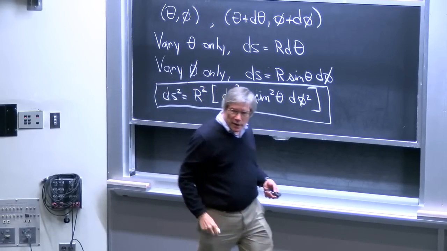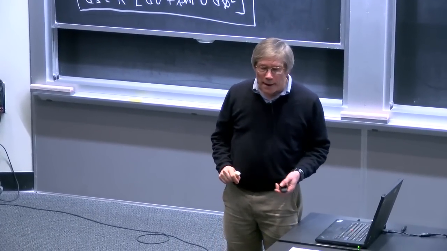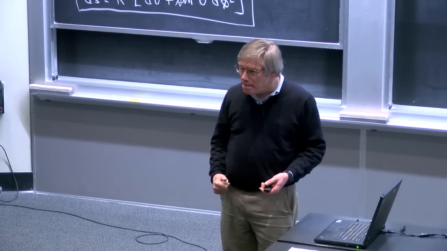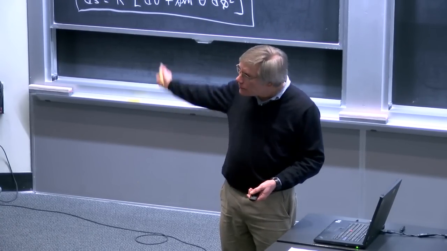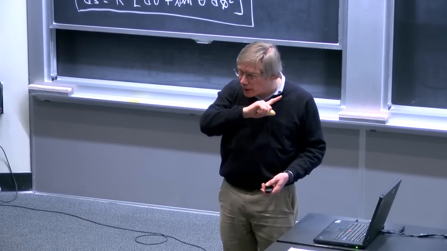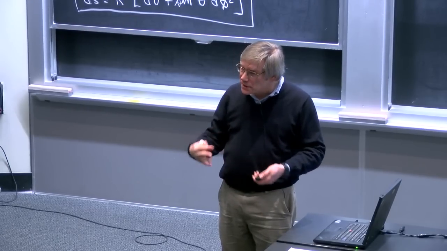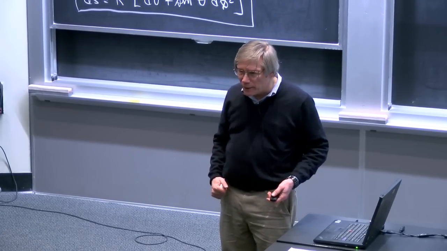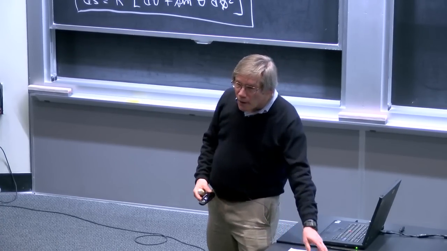And that formula then describes the metric on the surface of a sphere. And it describes a non-Euclidean geometry. And once we have that metric, we can forget the three-dimensional picture that we've been drawing and just think of a world in which there are two coordinates, theta and phi, with that distance function. And that's the way we want to be able to think about it. OK, everybody happy?